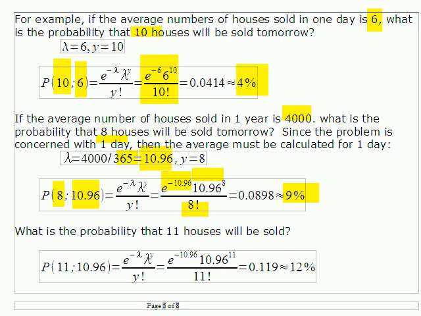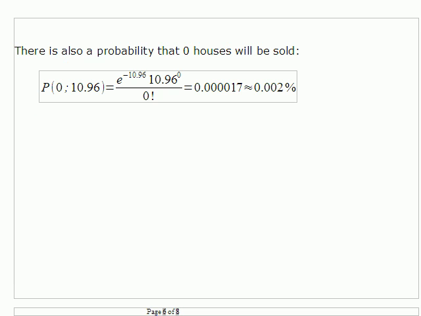In this case, it's about a 10% chance of selling 8 houses in one day. Remember that 0 factorial is 1. You can find the probability that 0 houses will be sold. In this case, it's very small, but you can still do the calculation.